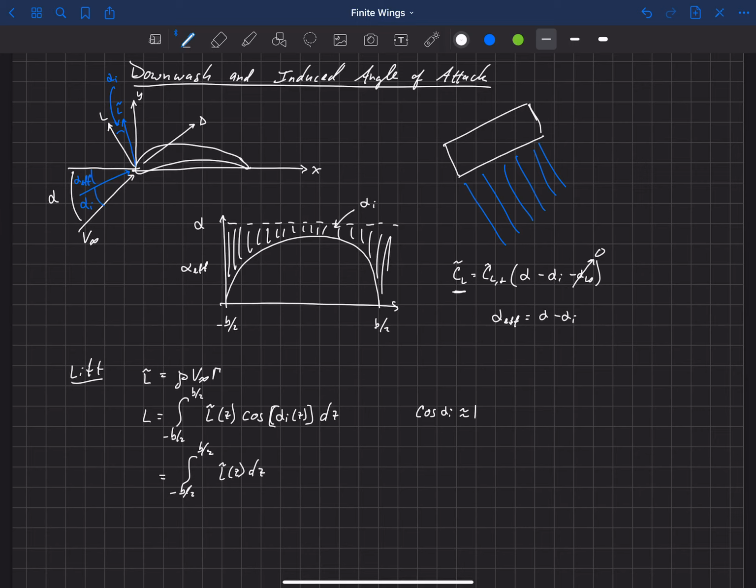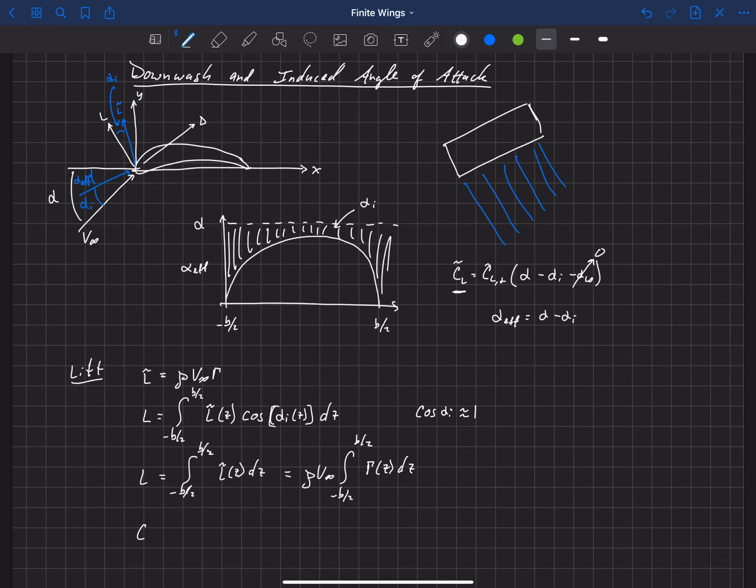If we plug in the Kutta-Joukowski law, that's equal to rho v infinity times the integral from minus b halves to b halves of gamma of z dz. So that gives us our total lift, our approximation for total lift.